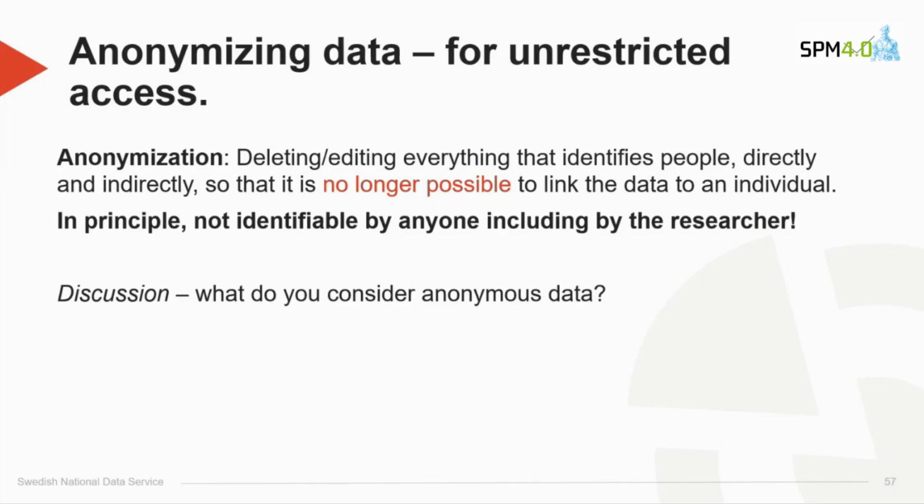This means that in principle, not even the researcher who collected the data should know what data is connected to which individual. So you can think this makes anonymizing transcripts in principle impossible if you go by this definition. In practice, we do it anyway. We treat transcripts as anonymized. But it's never gone all the way up to the European court, so we don't know exactly what would happen.